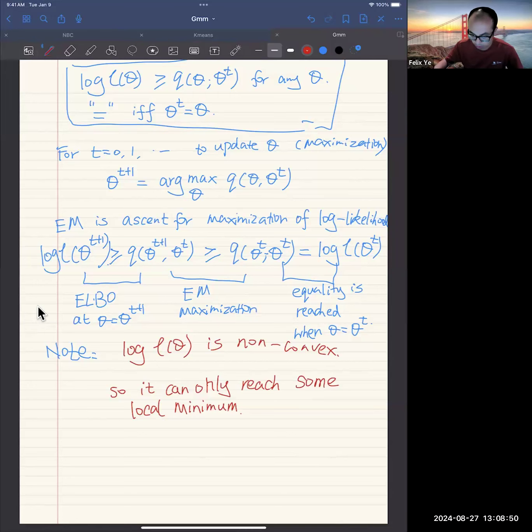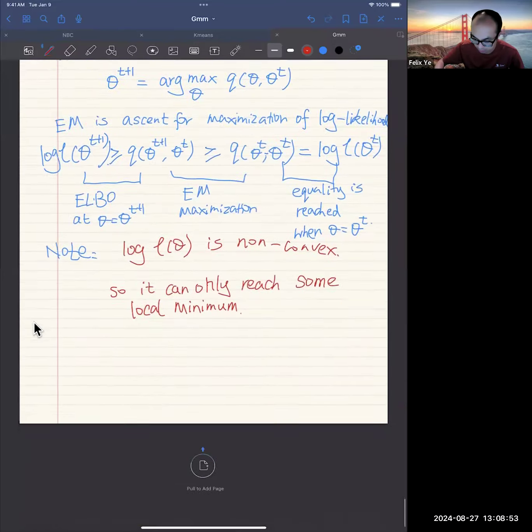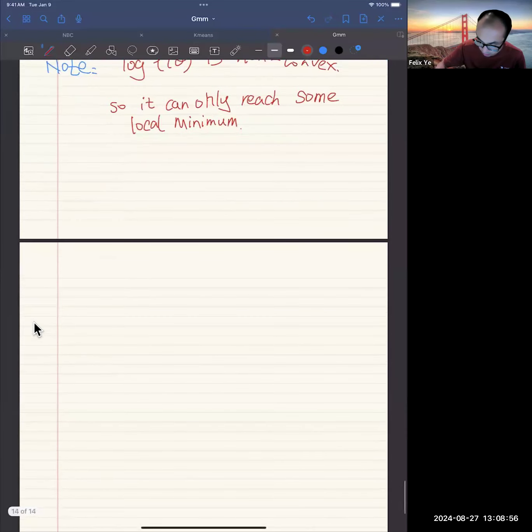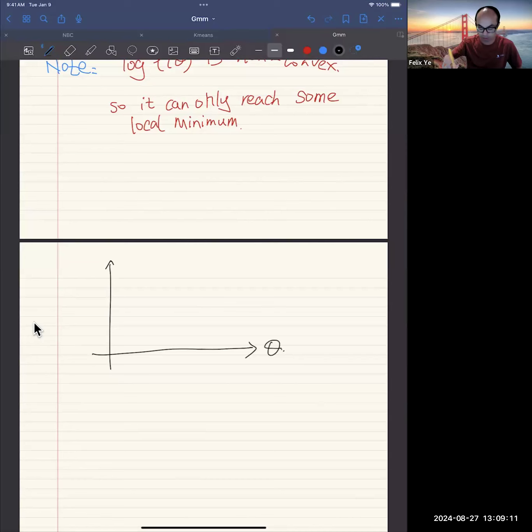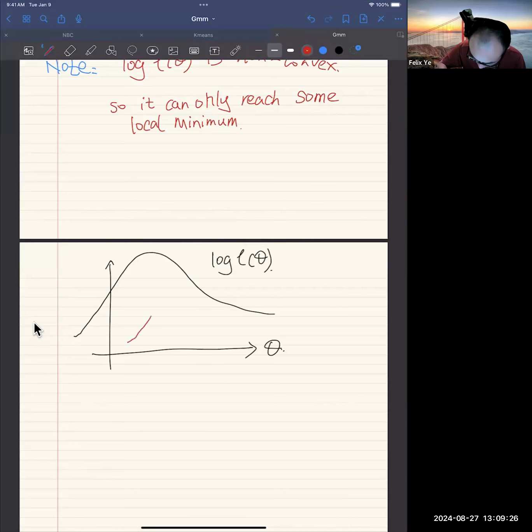All right. So a good illustration is given as follows. Let's say this is just a 1D theta right here. We have some log likelihood function. This Q function may look like this.